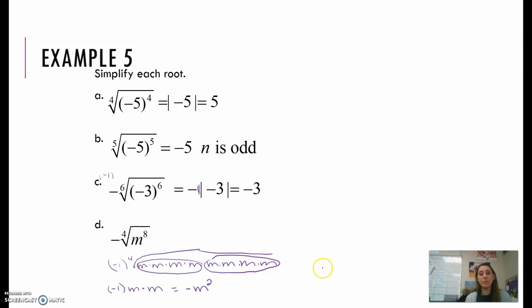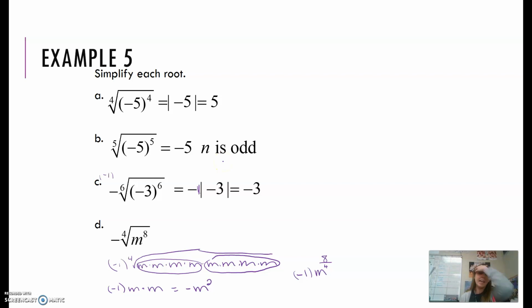Another way, those of my students that had me last semester may have seen this, I like to rewrite these as fractional, rational exponents, because I know that I could rewrite it as negative 1 times m to the 8/4. We learned this when we were doing sum and difference of cubes of powers higher than 3.